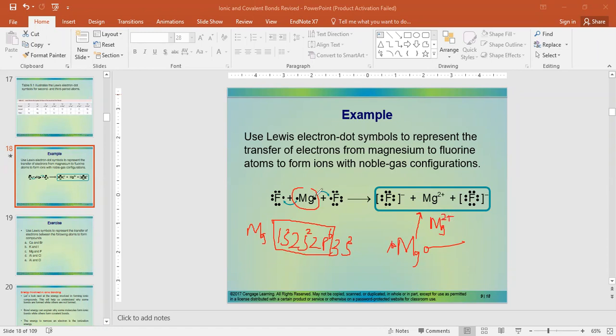Because the electrons we have shown, where have they gone to? They have been transferred completely to the fluoride ions, and that is why we are not showing any electrons here. It has lost the electrons. In fact, what is remaining here is only this type of configuration. I hope that is the clarification you wanted.